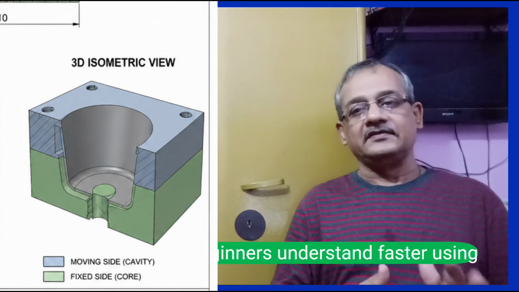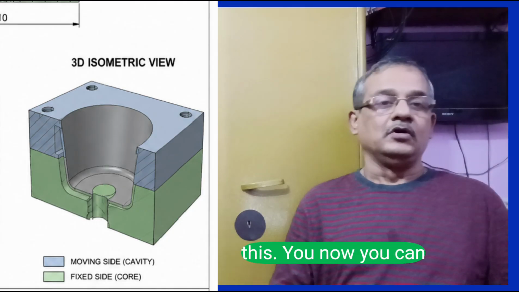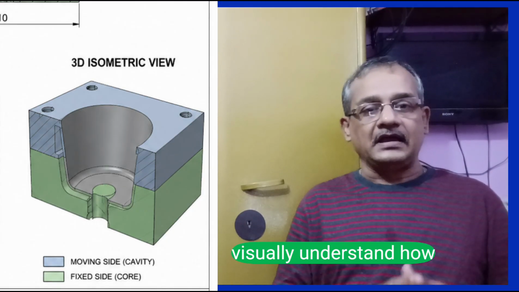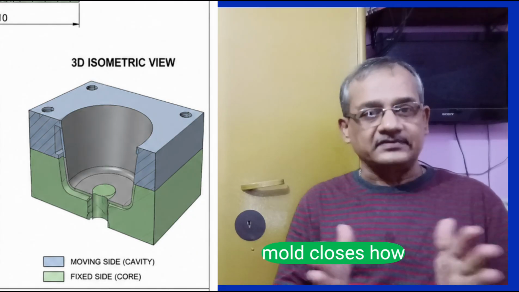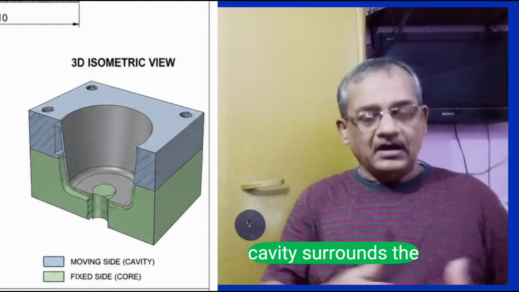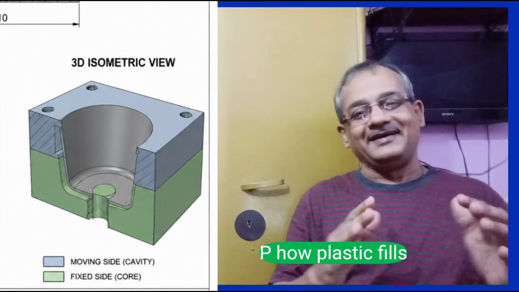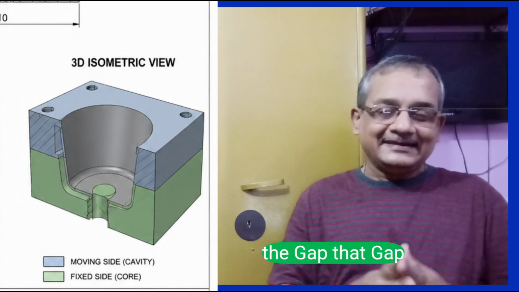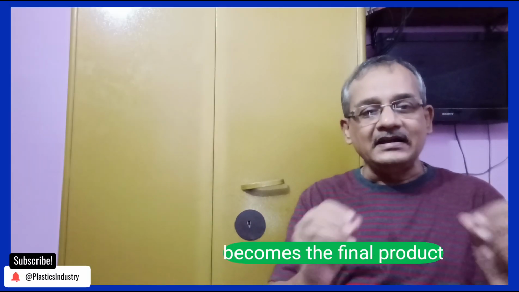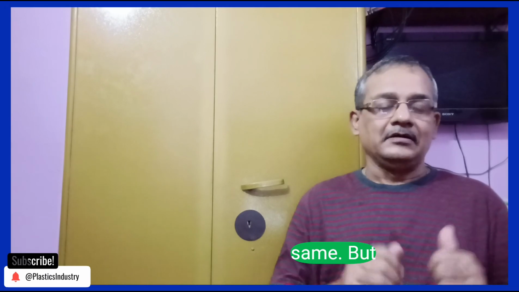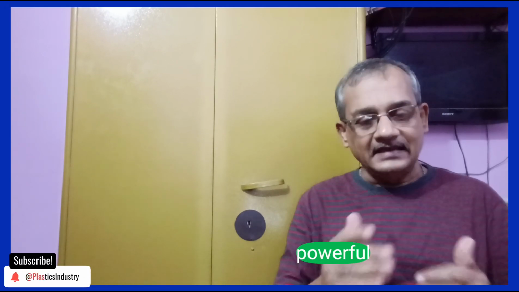Many beginners understand faster using this view. Now you can visually understand how mold closes, how cavity surrounds the core, how plastic fills the gap. That gap becomes the final product. Simple but powerful engineering.